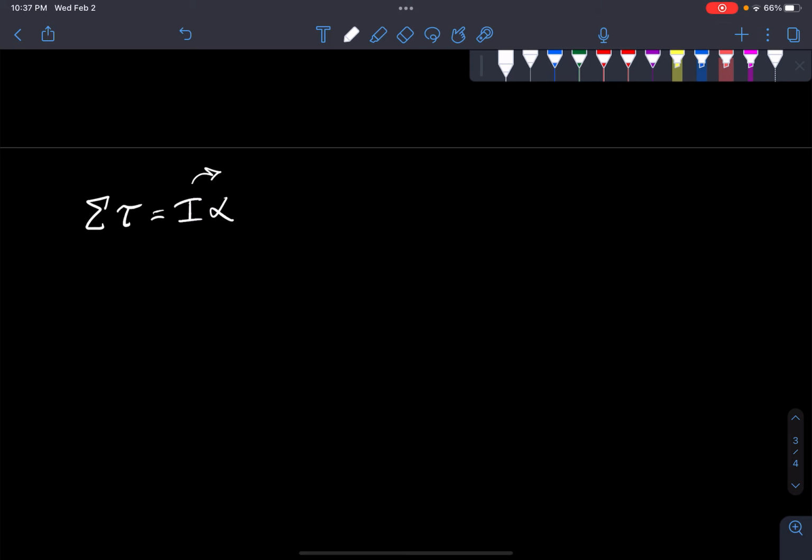Well, the moment of inertia we already found from above. Alpha is just the second derivative of the angle with respect to time.